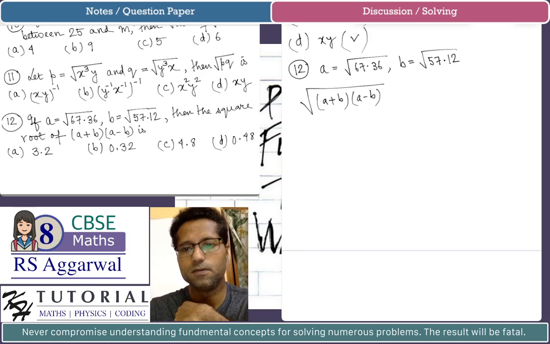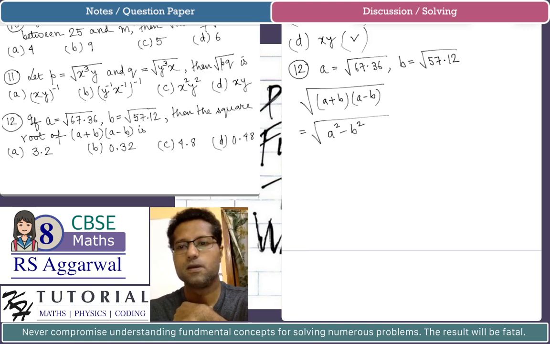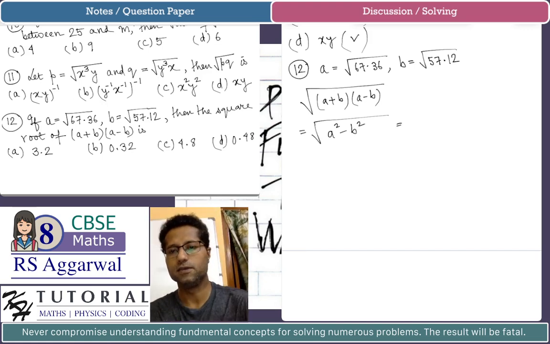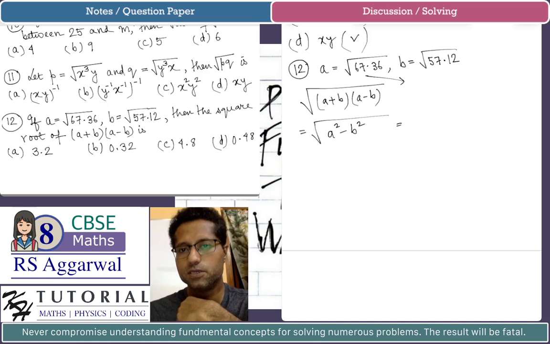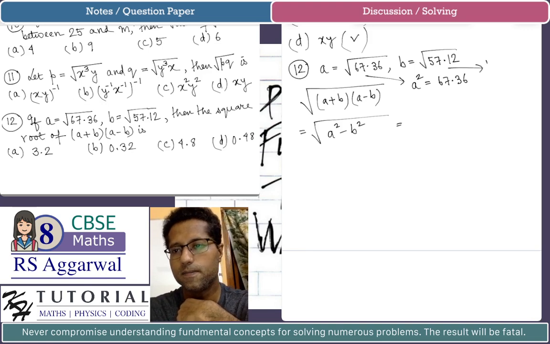Now A plus B multiplied by A minus B, you know its formula is A square minus B square. Now A is given as the square root of 67.36, so from here we can say that A square will be equal to 67.36, and B square will be equal to 57.12.